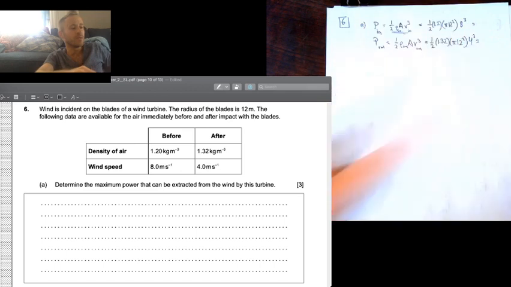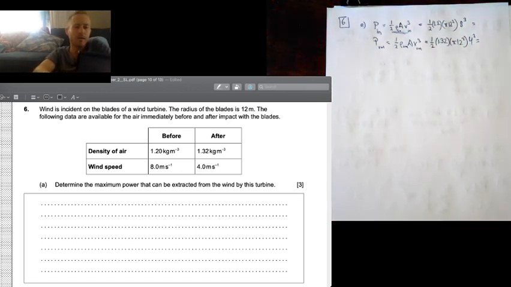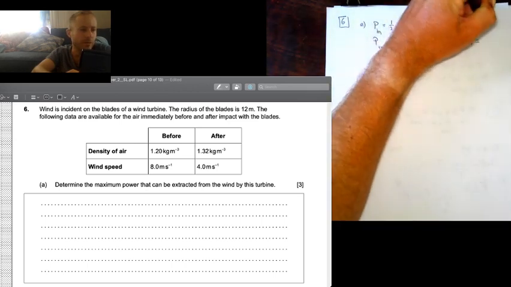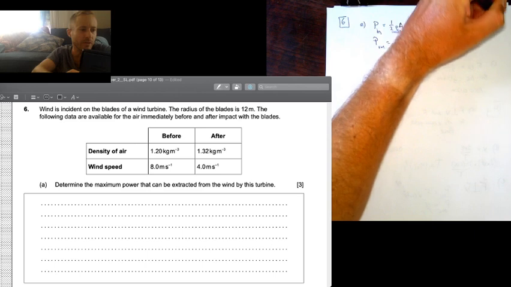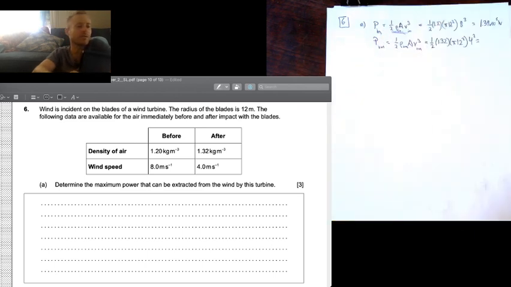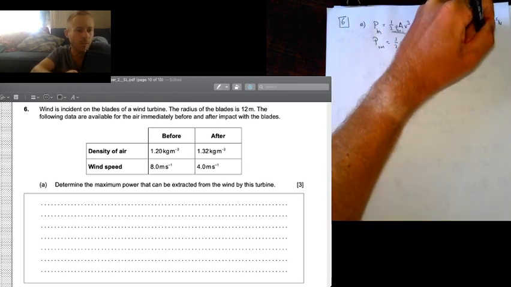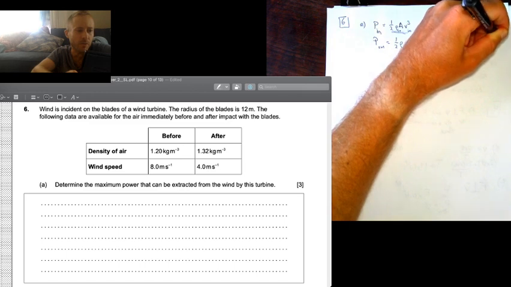So I will compute these two numbers. This one is 1.39 times 10 to the 5th watts. And this second one is 1.9 times 10 to the 4th watts.